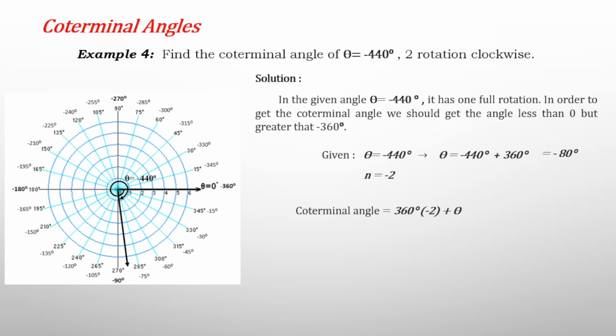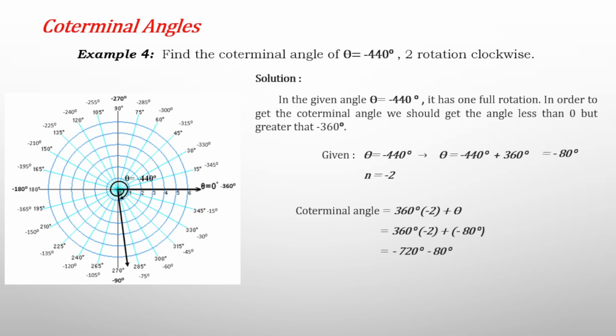Using the formula, 360 degrees times negative 2 plus the theta, negative 80 degrees. This negative 80 degrees must be substituted for our theta. So 360 degrees times negative 2 plus negative 80 degrees is negative 720 degrees minus 80.